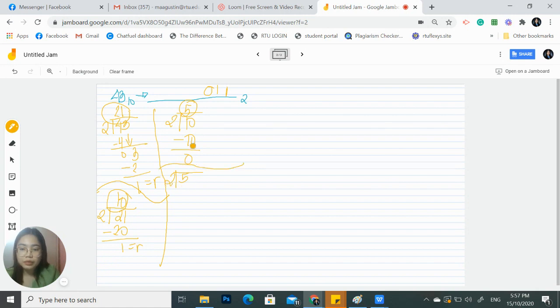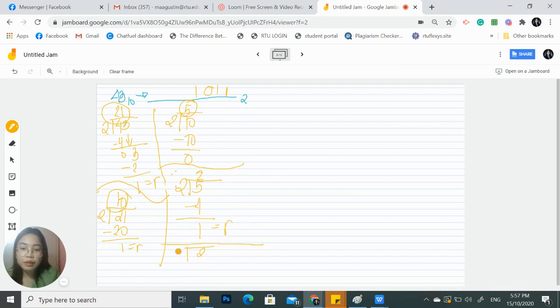So we have 5. 5 divided by 2 will be 2. 2 times 2 will be 4. 5 minus 4 will be 1. And we have 1. Is it still divisible? Yes.